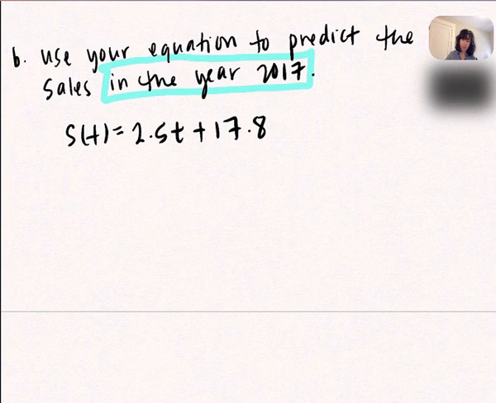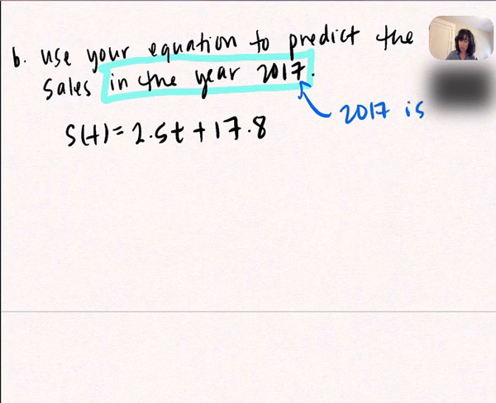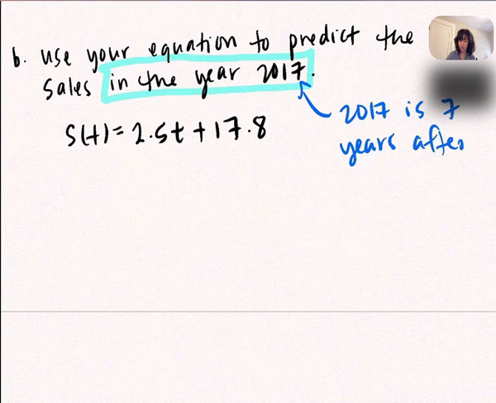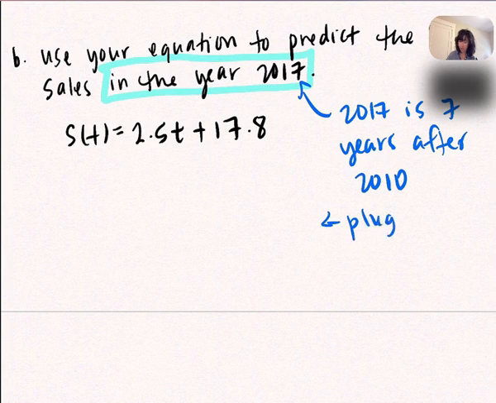So let's think about how many years after 2010 2017 is. So 2017 is 7 years after 2010. So I'm going to plug in 7, or t equals 7, to predict the sales in the year 2017.